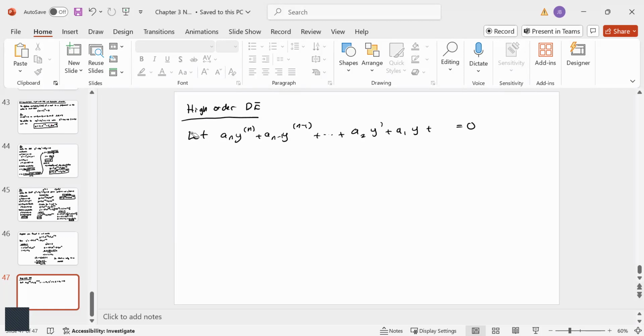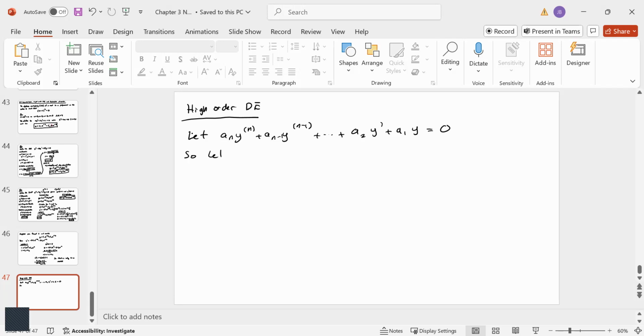Actually, we don't want the a naught, like that. I think that works out fine. So essentially, we have an nth order polynomial, and now we're just going to essentially do the same thing.